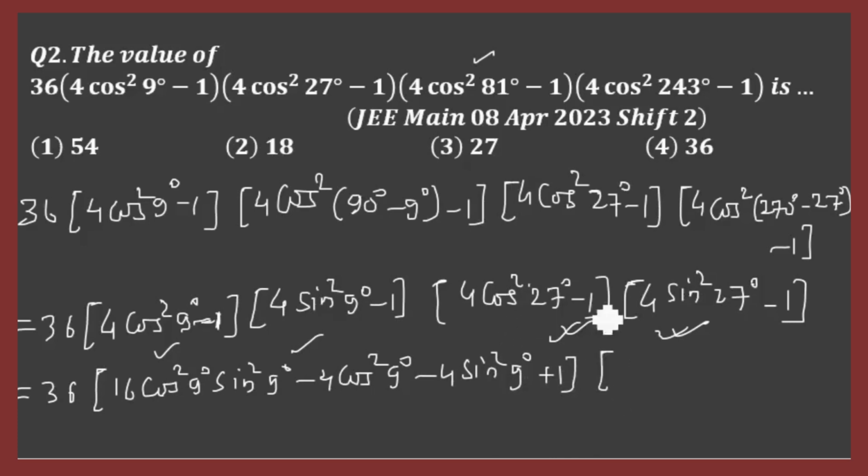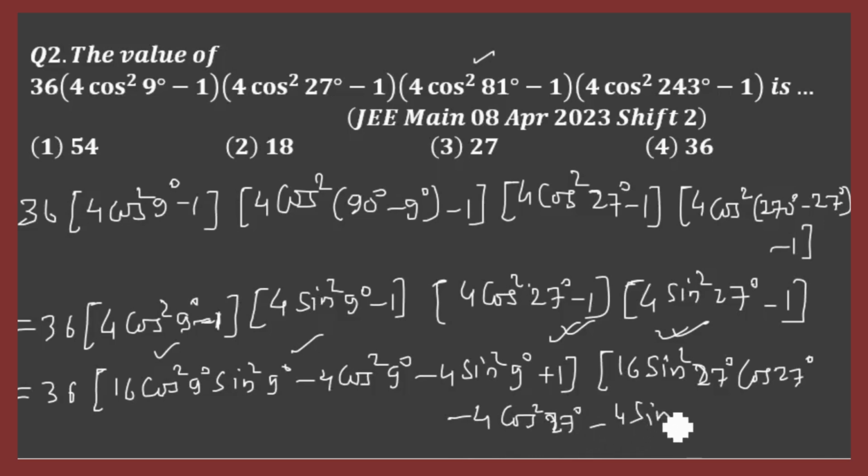Then for these two brackets, 16 sin square 27 cos square 27, minus 4 cos square 27, minus 4 sin square 27, and minus into minus plus 1.